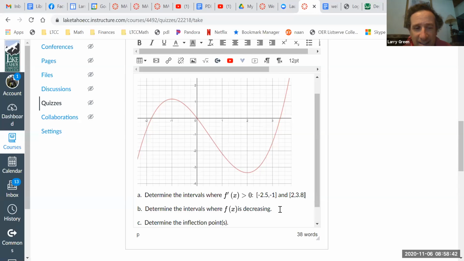Then determine the intervals where f of x is decreasing. I decided to do B to look different than A, because I wanted you to understand both ways of thinking about it. One is the derivative is greater than 0 is increasing. In terms of derivatives, if f is decreasing, what do you know about f prime?